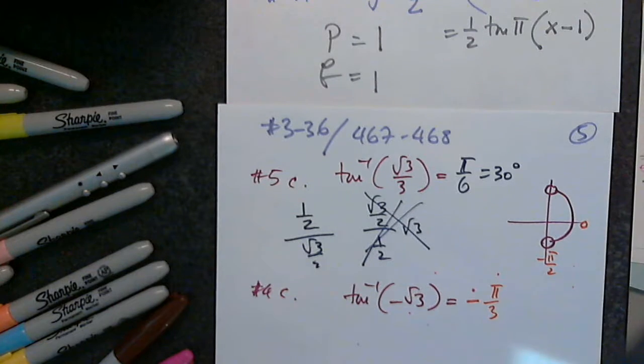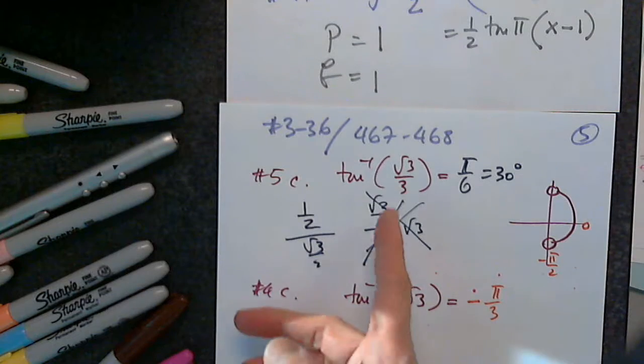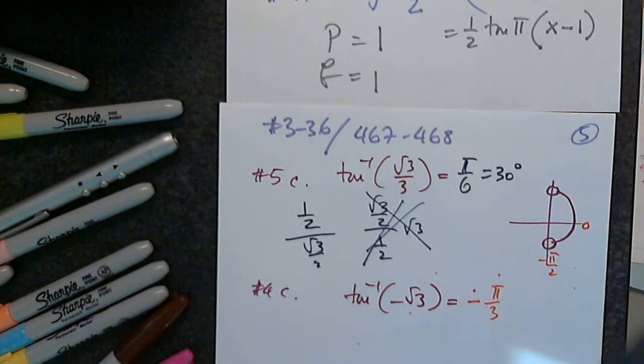And even if you don't want to, at some point you will get in the habit of realizing which angle has the square root of 3 over 3 and which angle has the square root of 3. So this must be the big angle and this must be the small angle, if it has a denominator.